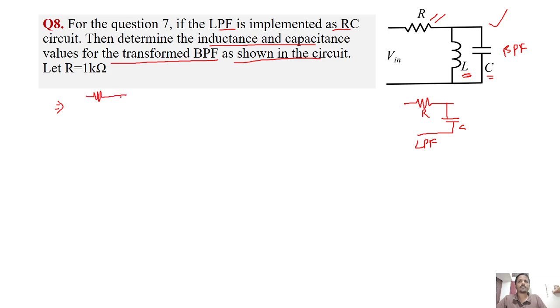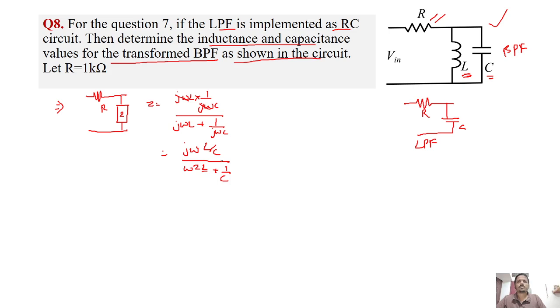I already have this R, and I have this inductance, so I will write it as an impedance Z. Z is the parallel combination of L and C. So Z is equal to j omega L into 1 by j omega C, divided by j omega L plus 1 by j omega C. The j omega cancels, and if I cross multiply this, I will get j omega into L by C by omega square L plus 1 by C.